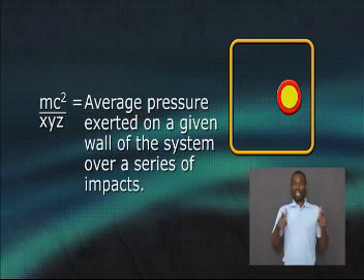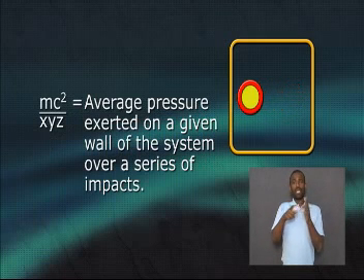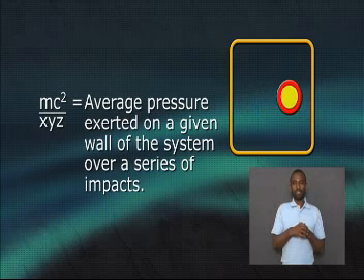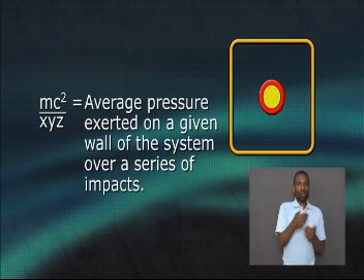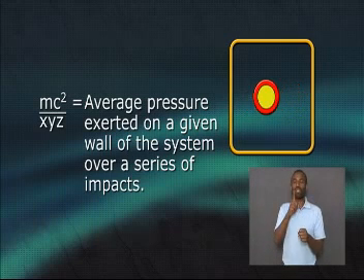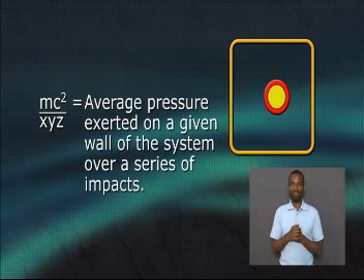Newton's third law explains that as the wall has exerted force on the particle, the particle has exerted an equal and opposite force on the wall, resulting in the average pressure.